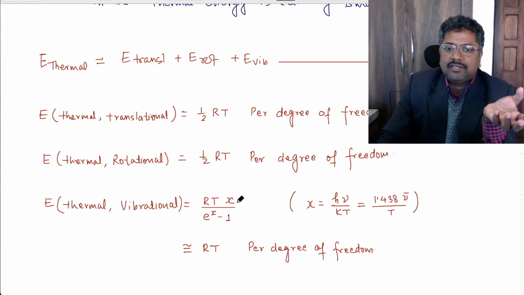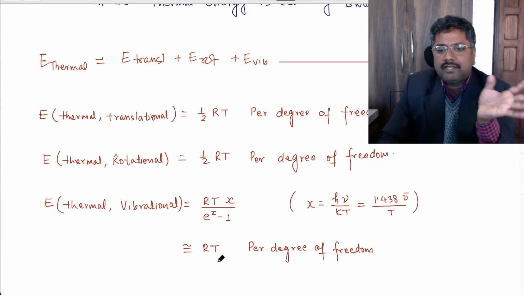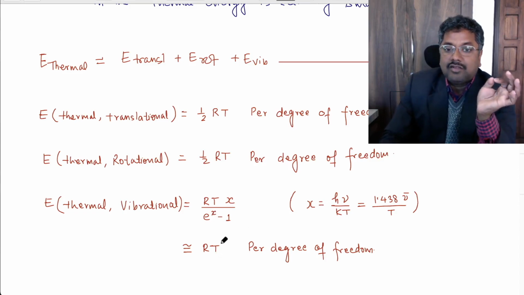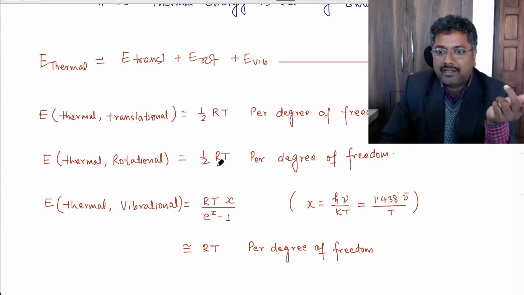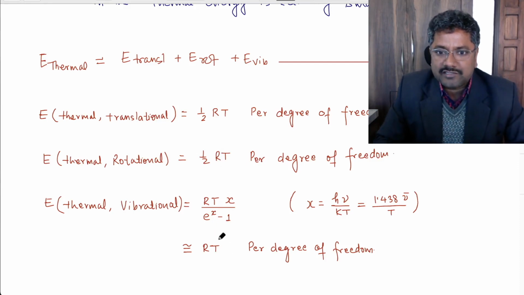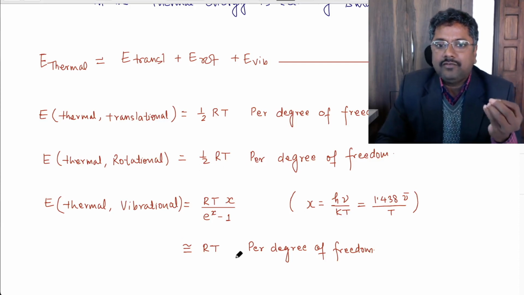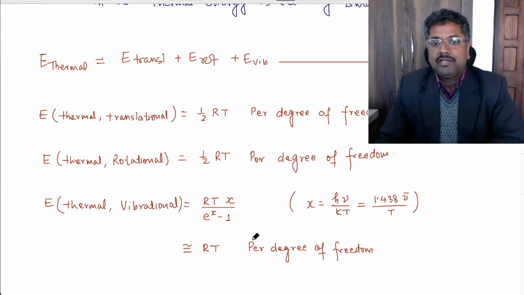So this term we can ignore, and we can take RT, right? But don't say that this vibrational contribution is more than rotational, because here RT and here half RT, right? Because this term is multiplied by some constant, and that constant has a very small value at the given temperature.